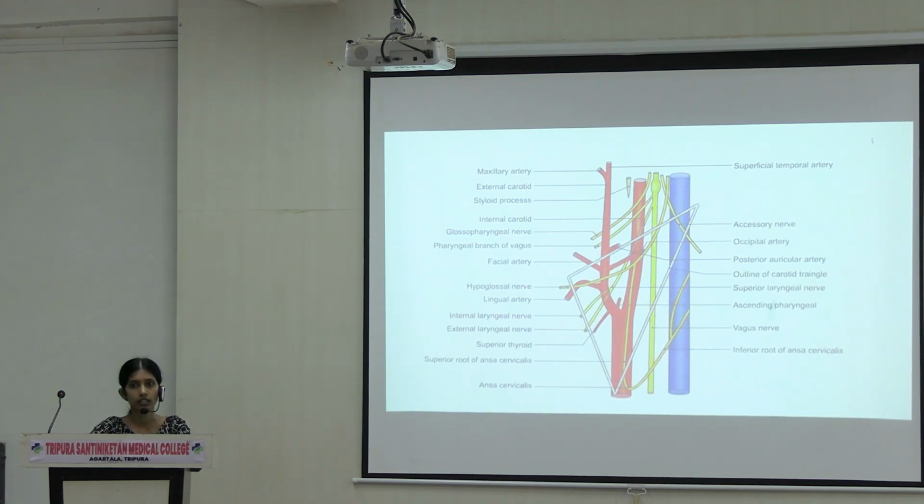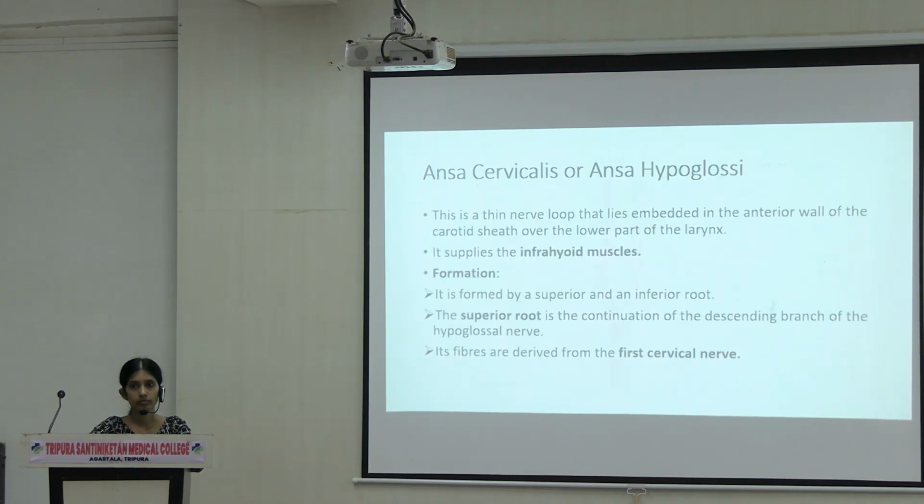Then we have Ansa cervicalis. It is a thin nerve that is formed by the superior and inferior root. It supplies the infrahyoid muscles, whereas the superior root is formed by the first cervical nerve, and the inferior root is formed by the second and third cervical nerve.